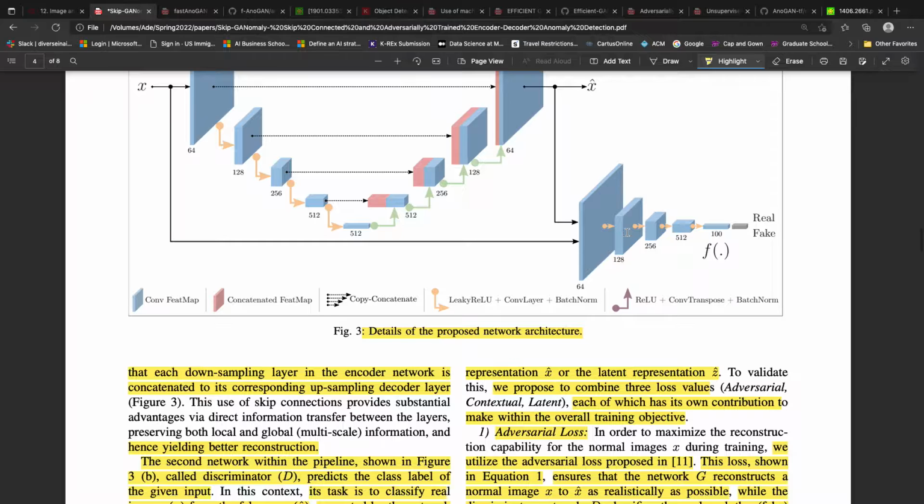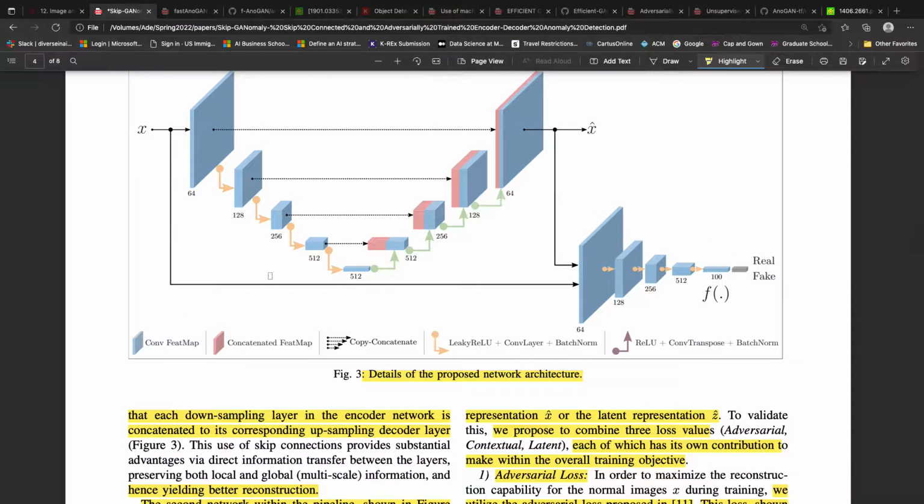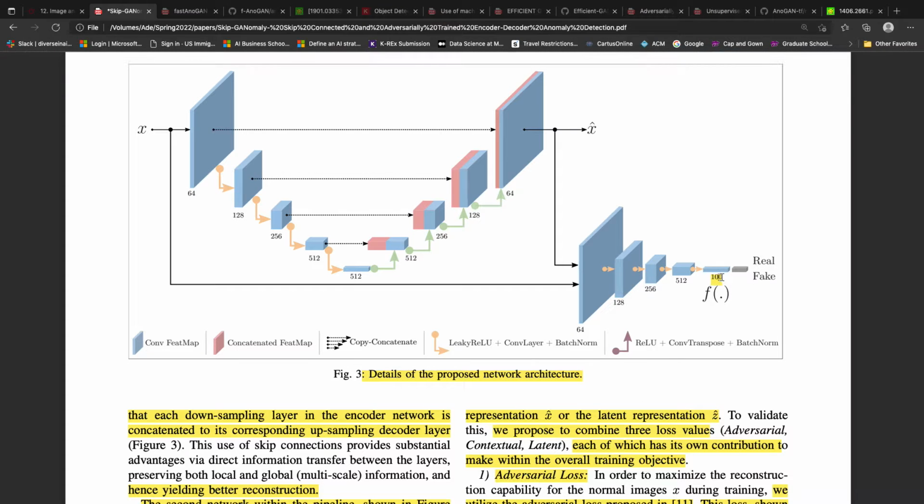And as we see here, x and x bar are fed into this discriminator. To me, it seems as if they are sharing the discriminator as a shared backbone. So at the final convolution, they now have like two, where we have this 100, maybe that's their z in this situation.